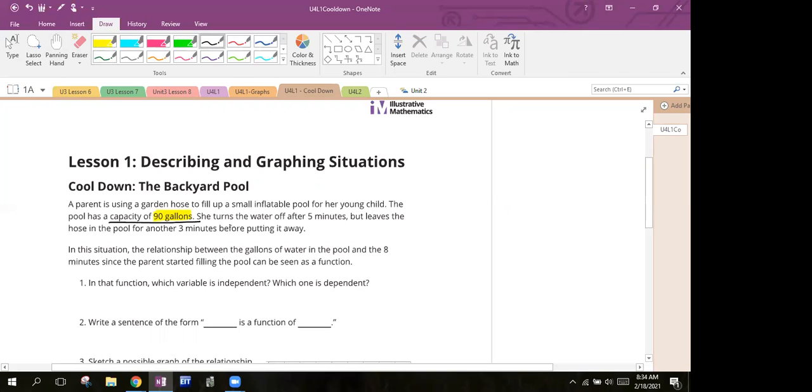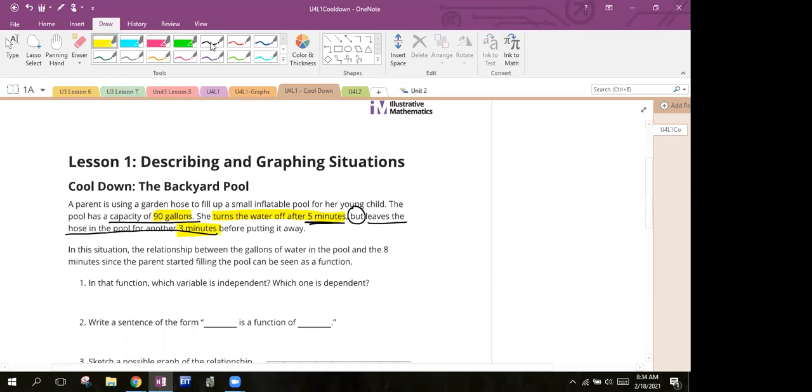It says she turns the water off after 5 minutes. Okay, so we're filling up the pool for 5 minutes and then she turns the water off, but she leaves the hose in the pool for another 3 minutes before taking it out and putting it away.